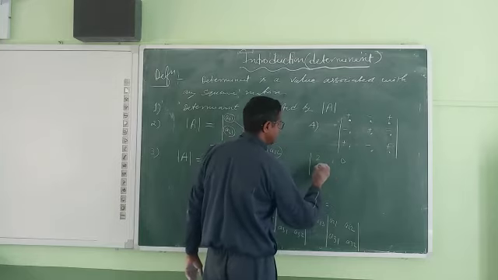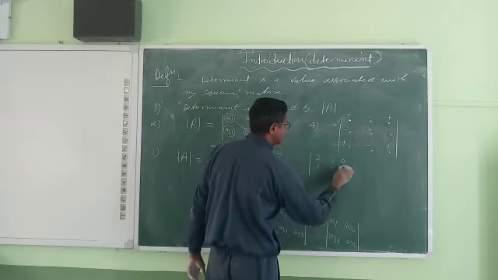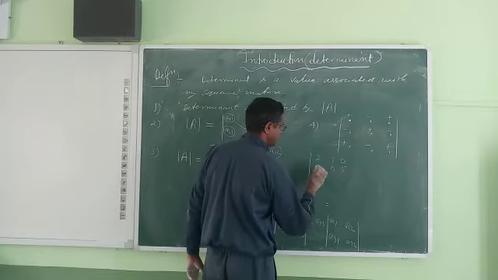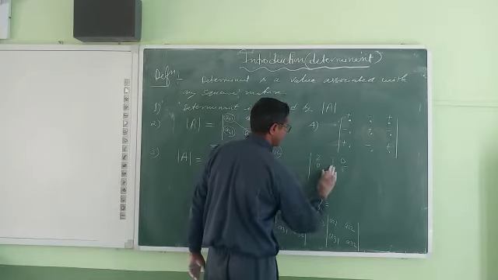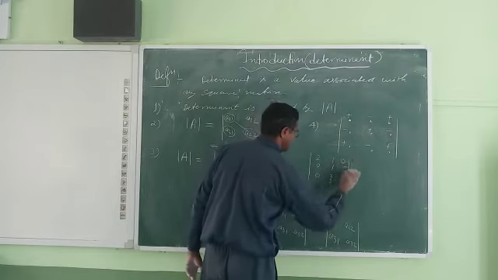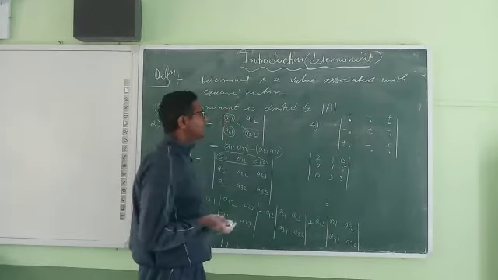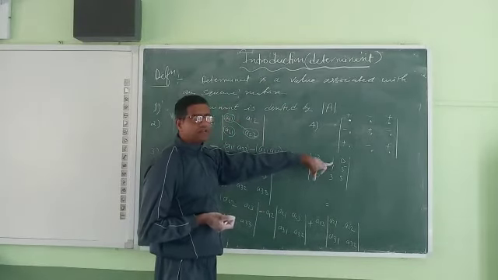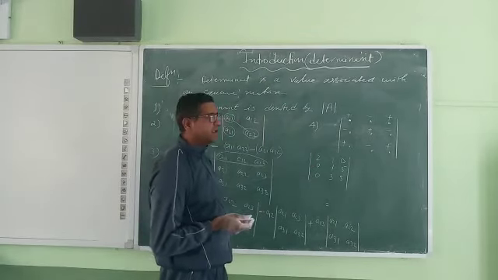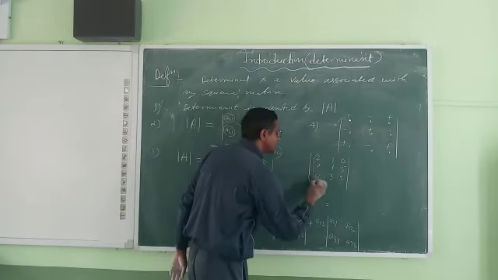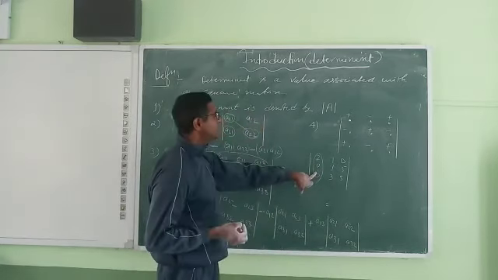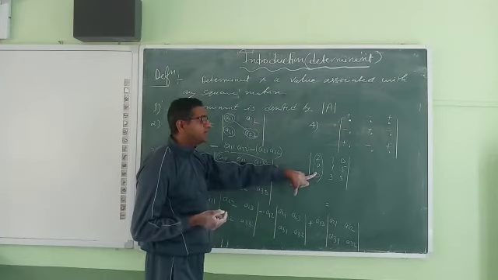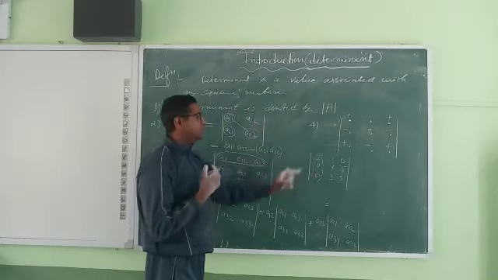For example, I have a determinant of order 3 by 3 having elements 1, 0, 5. Okay. In which respect I will expand it? I will expand in respect of the first column, because the first column has maximum elements 0.